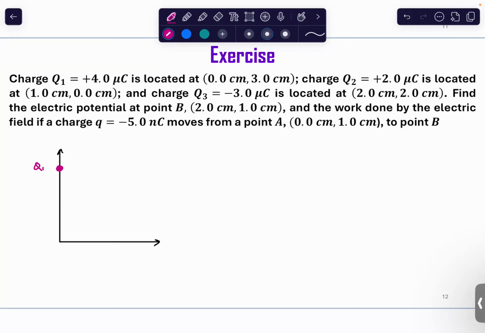We'll put Q2 about there, and then Q3. And then we'll just go ahead and put points A and B.